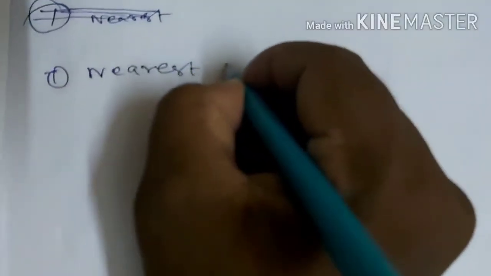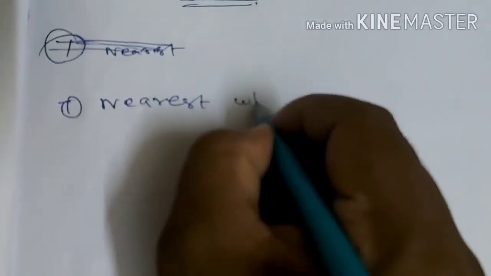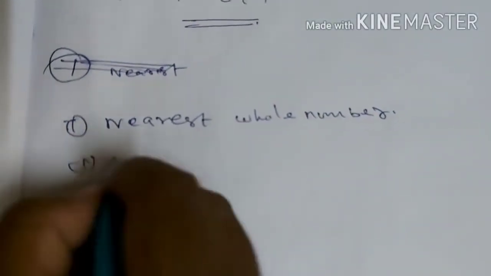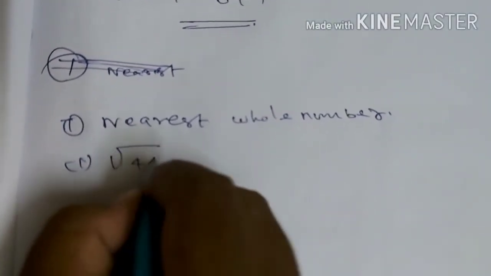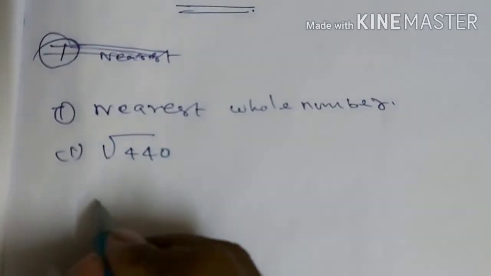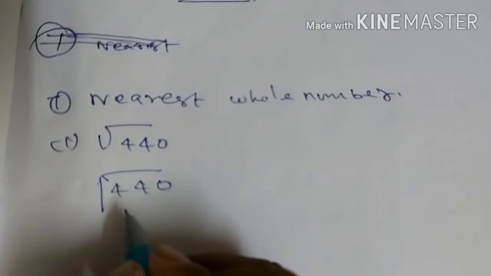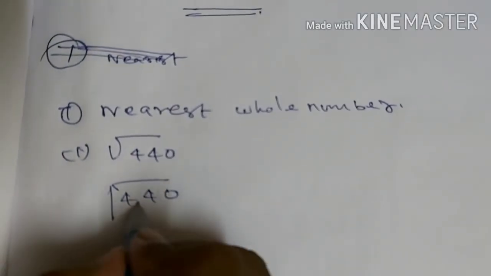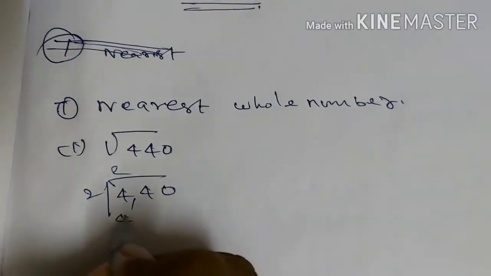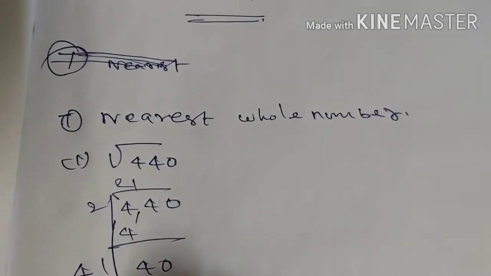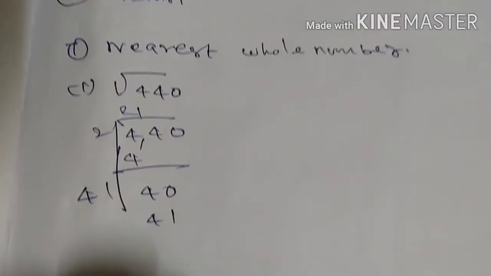Next, 7th Roman, estimate the value of the following square root to the nearest whole number. Which one is the nearest whole number we find? So first one, square root of 440. Take the long division method. 2 times multiply, 2 2s are 4. So 40, again 4. 1 times multiply also, 41 coming.